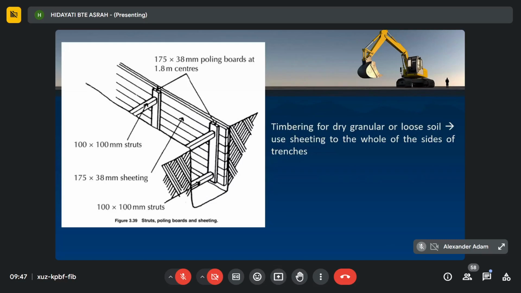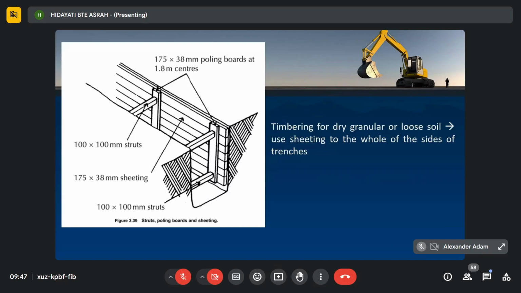So your soil usually collapses, so you use sheeting. So these are some examples of cross-border trench system, because maybe they encounter granular soil, that's why they use cross-border timber sheeting. Okay, so this is an example.